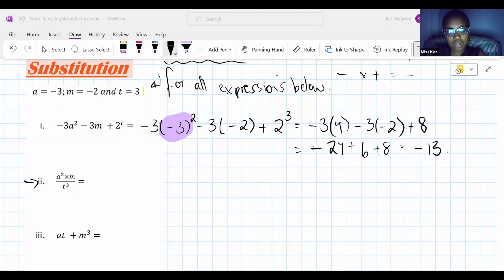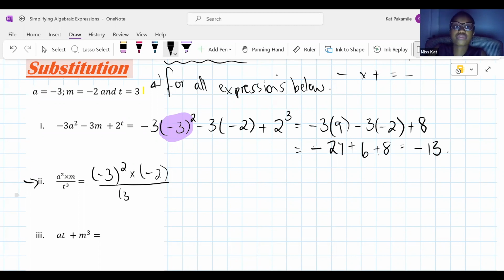So it's going to be negative 3 squared times, and where there's an M, what do I put? Negative 2. Negative 2 divided by, where there's a T, what do I put? 3. 3 to the power of 3 equals.